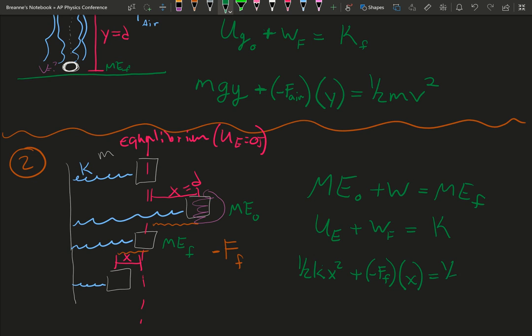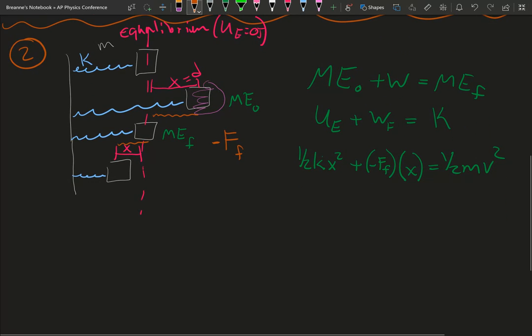That will equal our 1/2 mv squared. And you just manipulate to solve for v if we're looking for v. So it looks very similar to our gravitational potential, just going sideways versus going up and down.